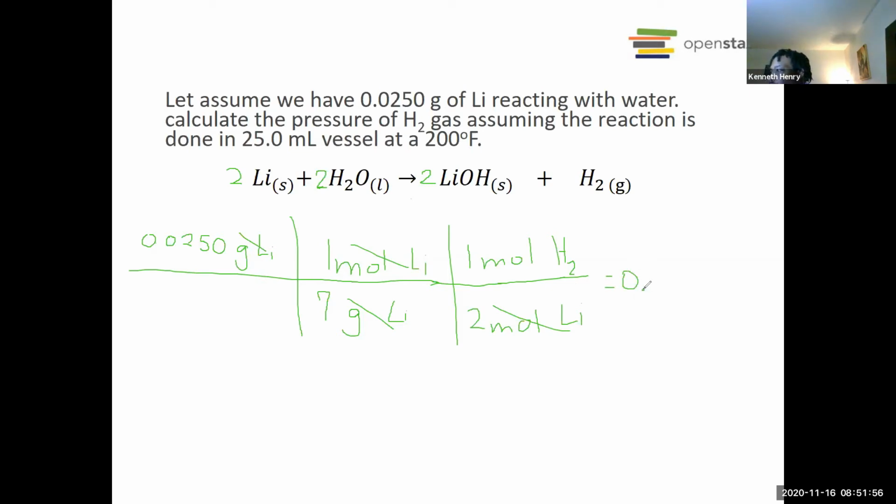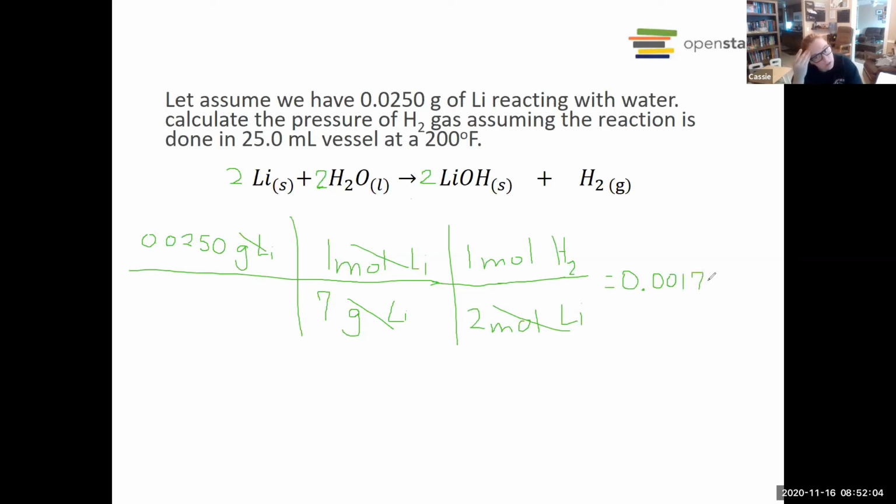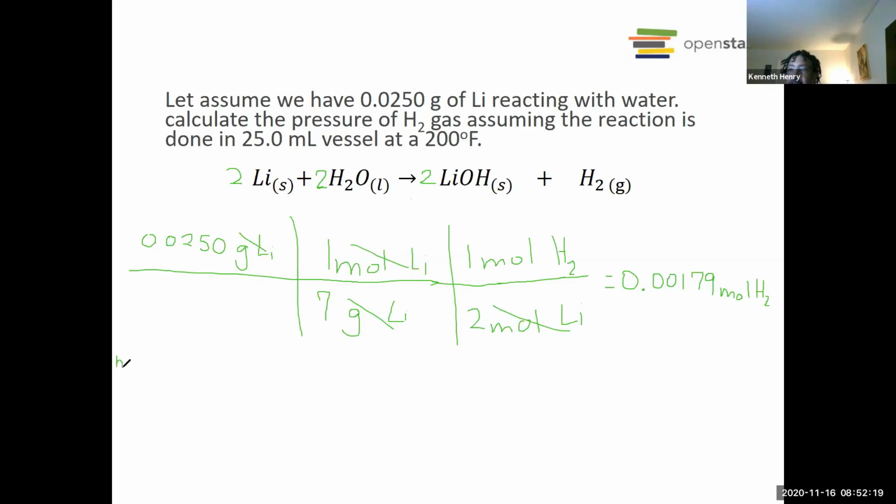How many sig figs should I have? 3. Okay, so I got n.